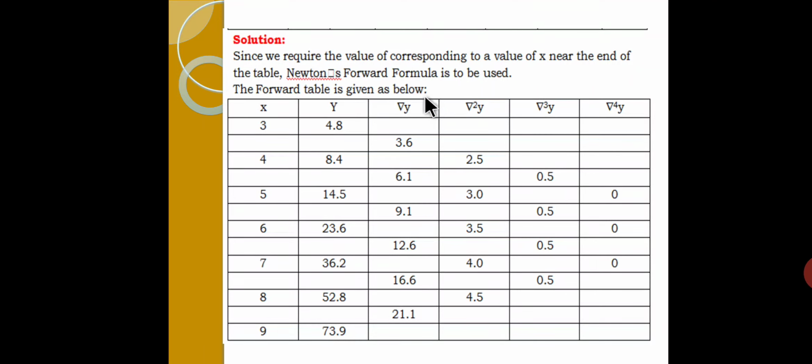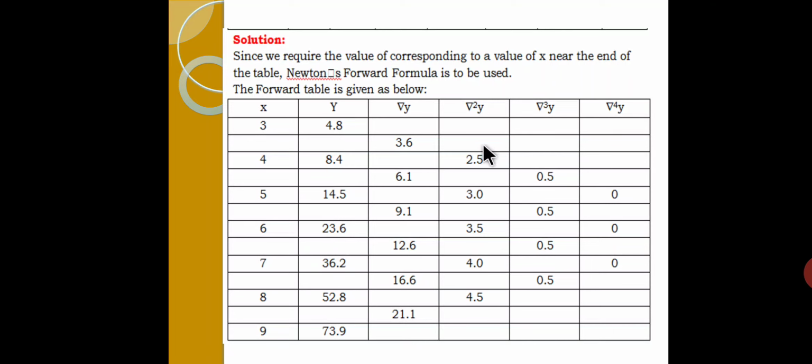For the given values 3, 4, 5, 6, 7, 8, 9 and their corresponding values of y 4.8, 8.4, 14.5, 23.6, 36.2, 52.8, 73.9, their differences: delta y0 is 3.6, delta y1 is 6.1, delta y2 is 9.1, delta y3 is 12.6, delta y4 is 16.6 and delta y5 is 21.1.